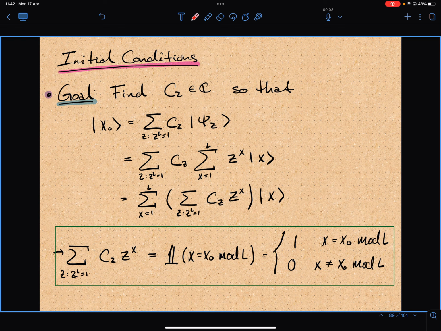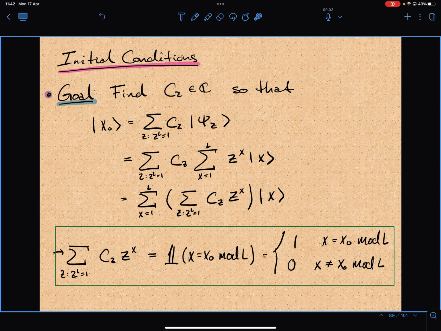So the diagonalization problem then becomes the problem of finding these coefficients, C sub z, such that the initial configuration is equal to the linear combination of these eigenvectors. And here I write these eigenvectors explicitly.